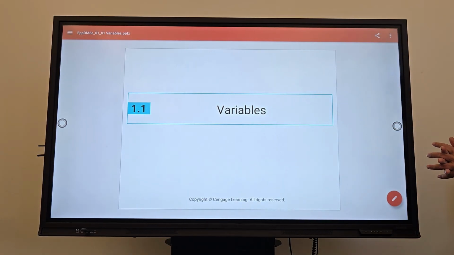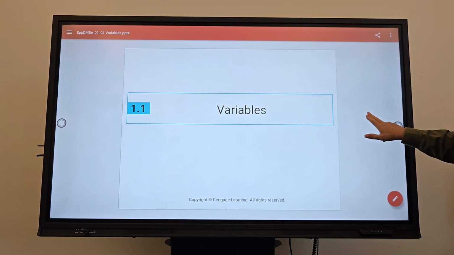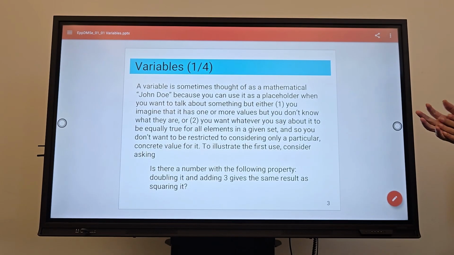First off, we're going to be talking about variables. A variable is sometimes thought of as a mathematical John Doe because you can use it as a placeholder when you're talking about something else. Either you don't know what value the item has, or you want whatever you say to be equally true for all elements of a given set.